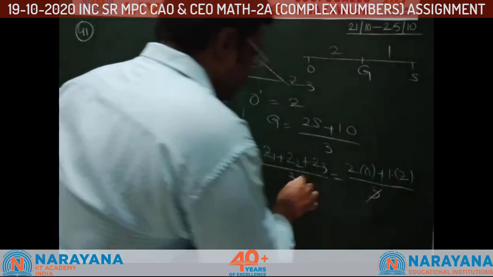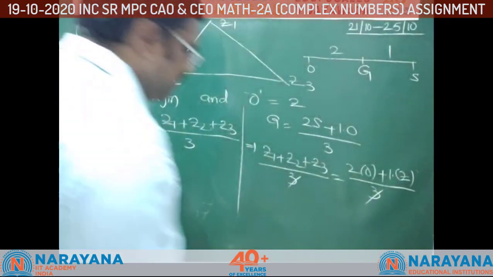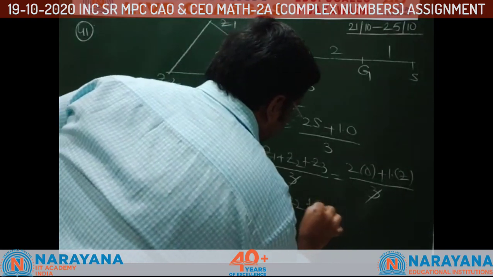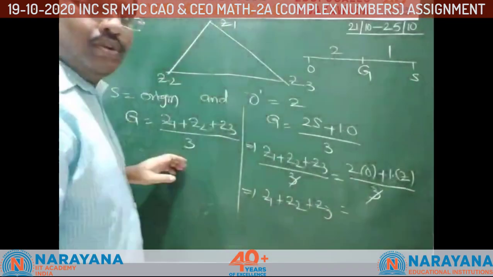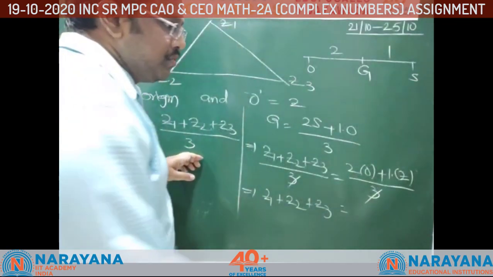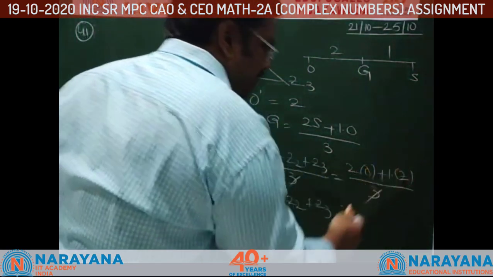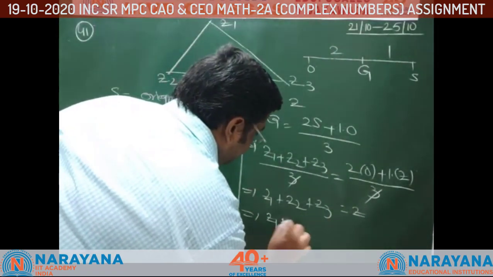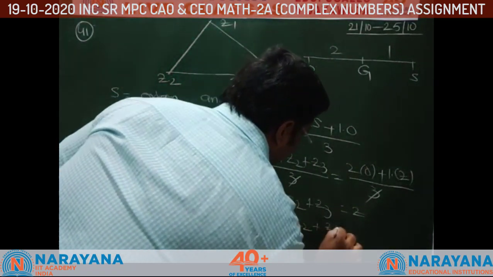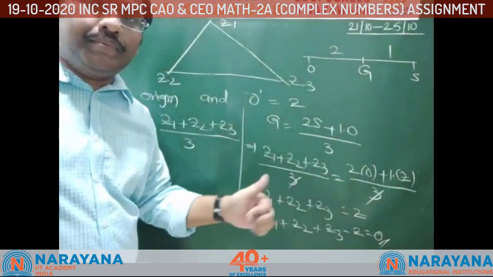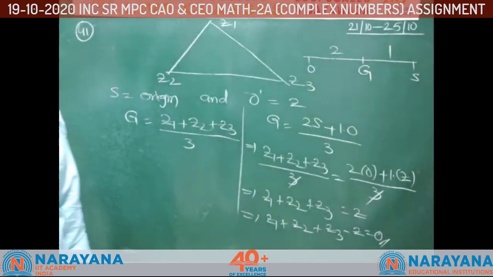Cancelling 3 on both sides, you will get Z1 plus Z2 plus Z3 is equal to 2 into 0 plus 1 into Z. That implies Z1 plus Z2 plus Z3 minus Z is equal to 0, which is the required condition.